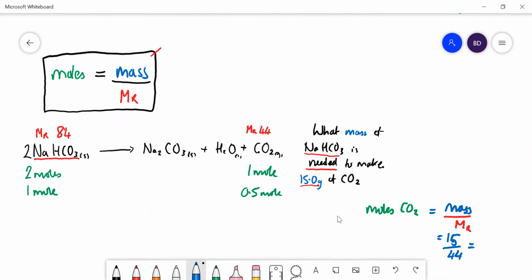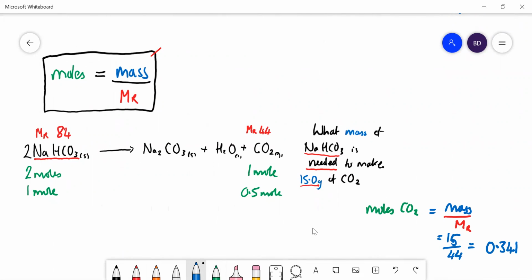That gives us, on the calculator, 0.341. I've left that number in my calculator, but I haven't written down all the numbers, just write down 3 of them. So that's 0.341 moles.